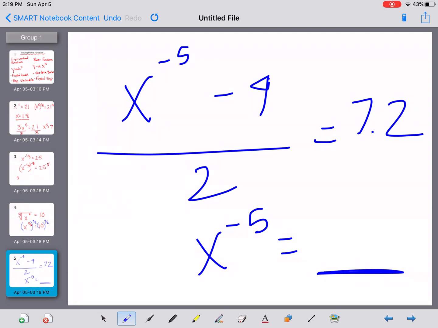Times 2, so 14.4 minus 4, so what would this be? 10.4. Hopefully my quick math was accurate. Then I could just take 10.4 to the negative 1 over 5 exponent. So I'm just using those rational exponents to solve. It doesn't really matter with the complexity. Just realize that you can rewrite it and get that.